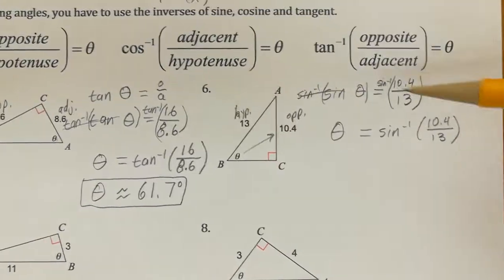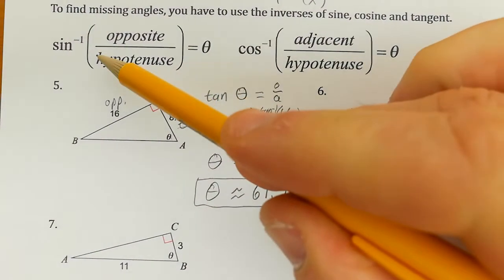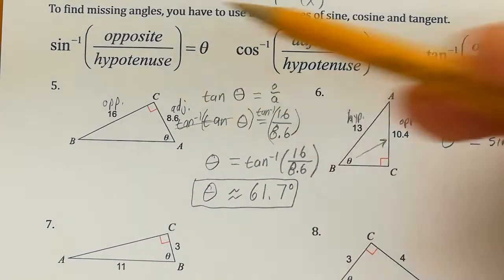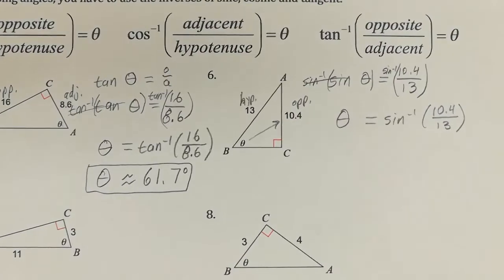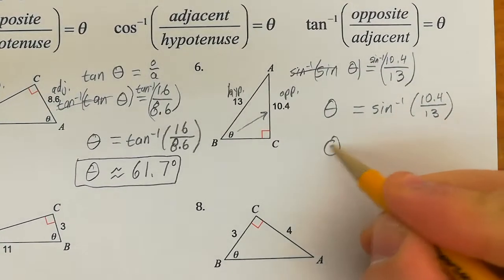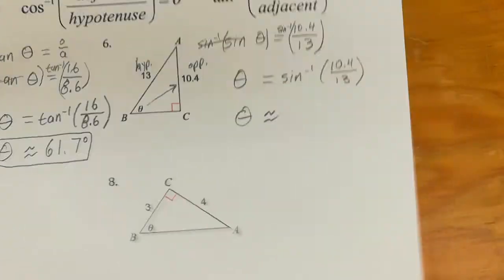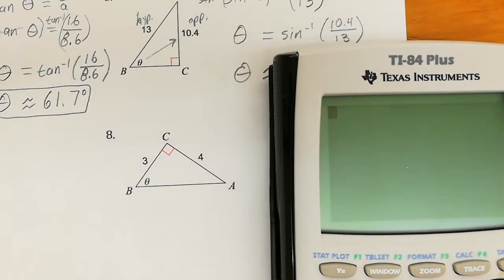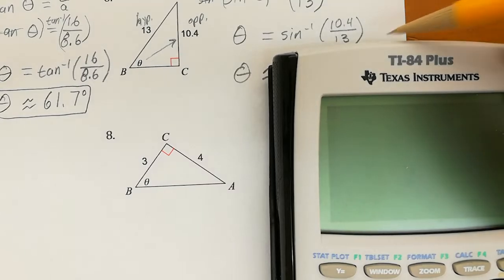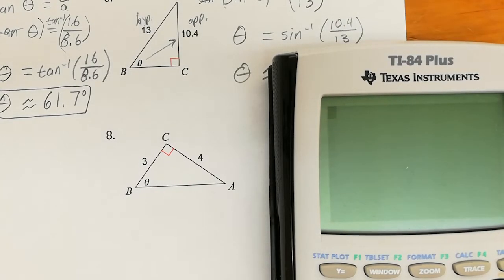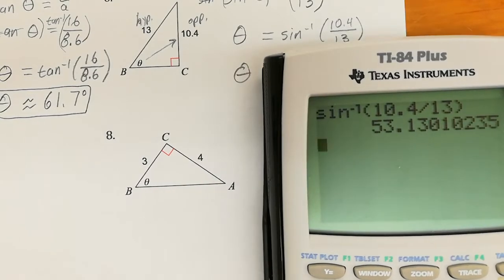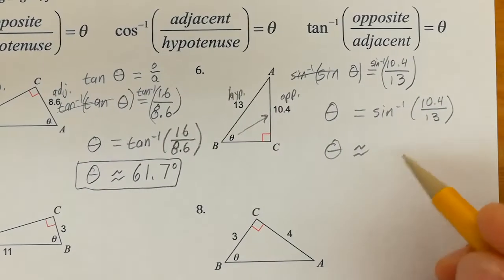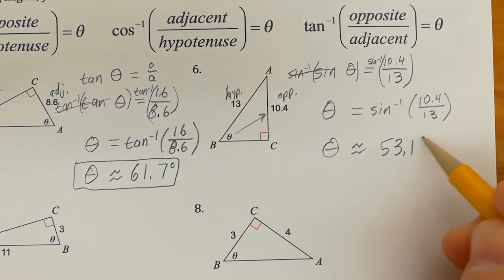So you're welcome to skip right to here. Just my sides are reversed, but it doesn't matter. Now let me put that into my calculator, and it'll figure out which angle has a sine ratio of 10.4 over 13. So inverse sine of 10.4 over 13, and we get 53.1 approximately. So that's our angle measure.